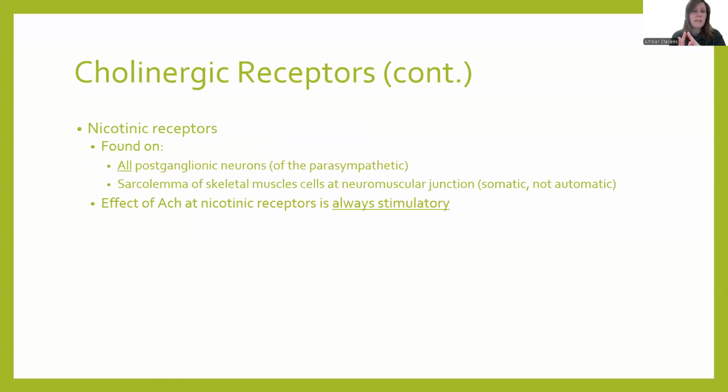The nicotinic receptors are found on all postganglionic neurons of the autonomic system, and on the sarcolemma of skeletal muscle cells at the neuromuscular junction, which is somatic. Acetylcholine at the nicotinic receptors is always stimulatory.